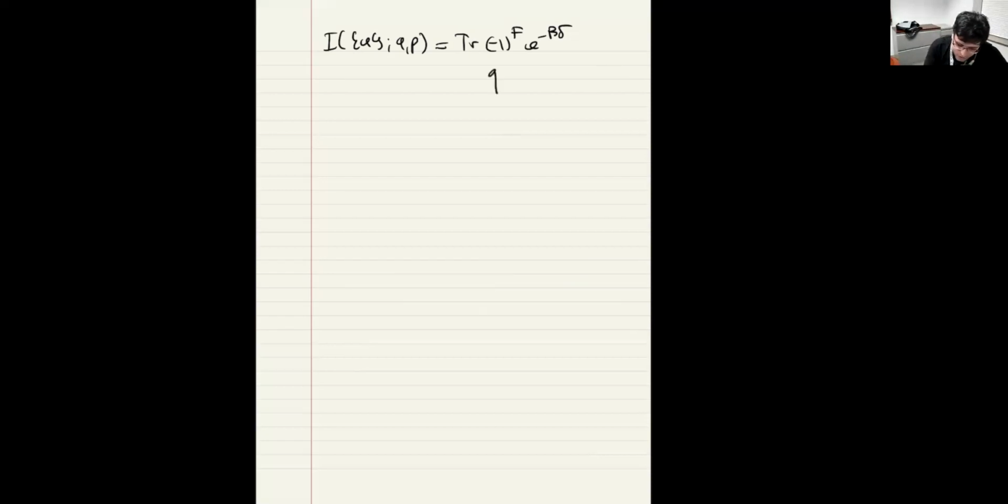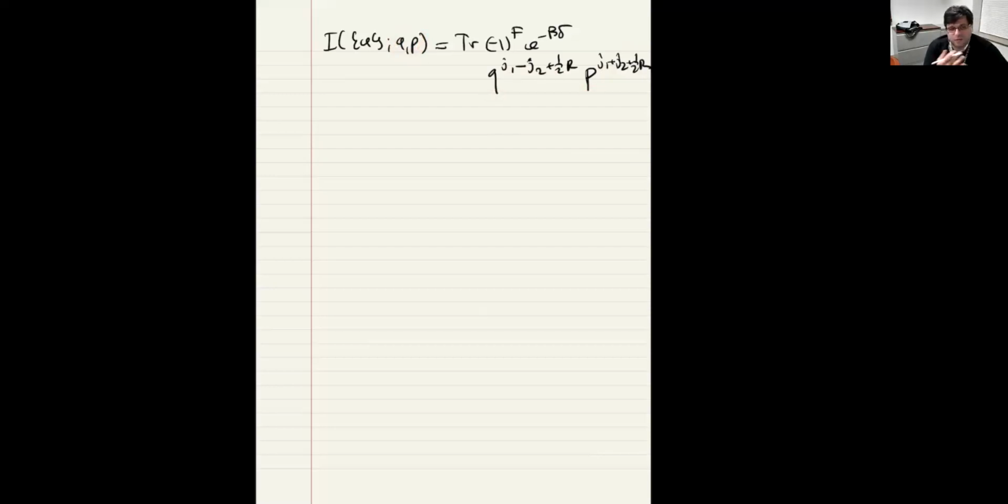So we choose this fugacity Q to couple to charges which are J1 minus J2 plus half the R symmetry. And we'll define another fugacity P, which couples to J1 plus J2 plus half of the R symmetry. This combination of charges commutes with our choice of supercharge. So our index will depend on these two parameters, Q and P.